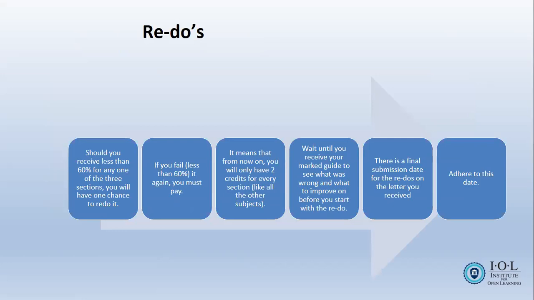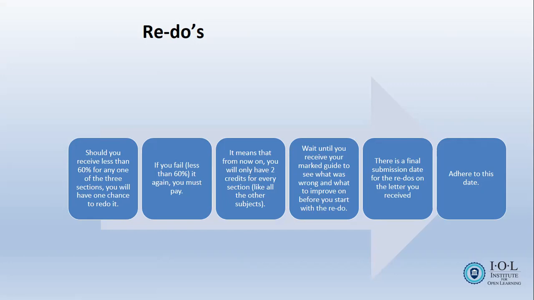Then what about the redos? If you have not scored 60%, you will be asked to redo it. When you submit the redo, you will only receive 60%. When you fail the redo, you will have to pay for another opportunity to do a redo, to re-register.